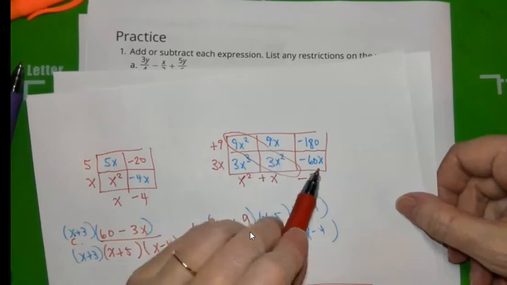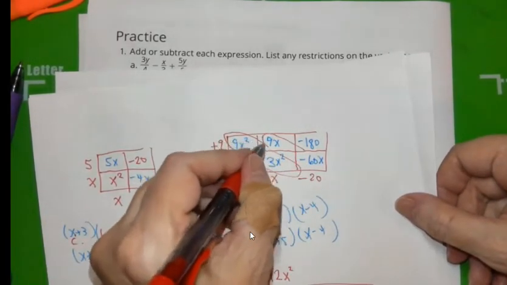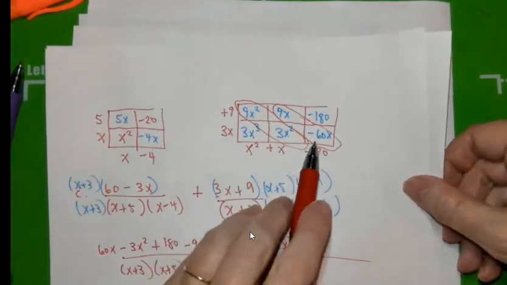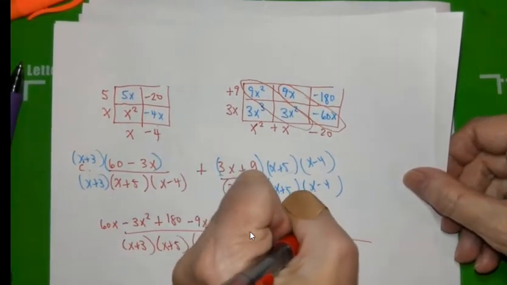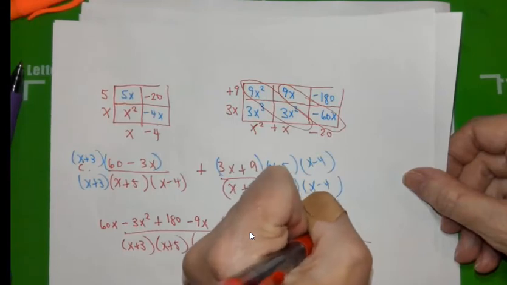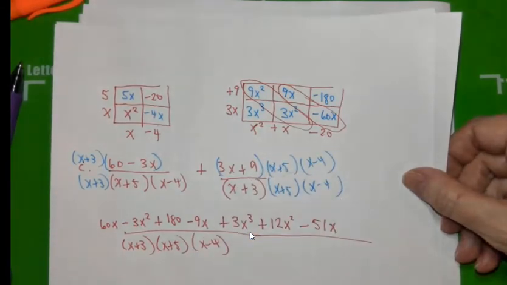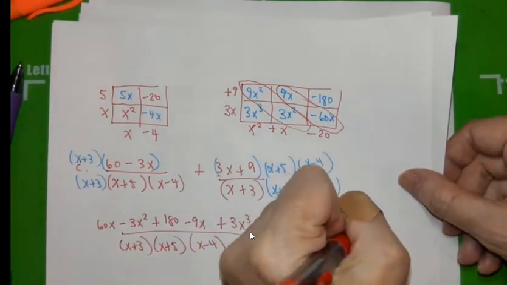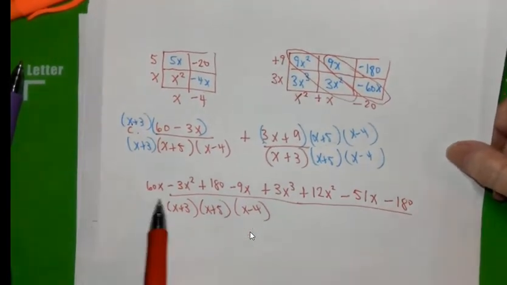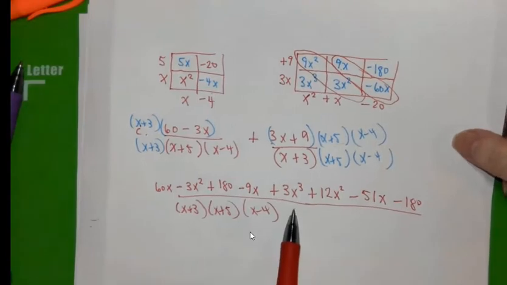And then I have a 9x and a negative 60x. Okay, let's put all those together. Negative 51x. That should work. All right, and then negative 180. Wow, that's a lot. Now take a look at this giant numerator.